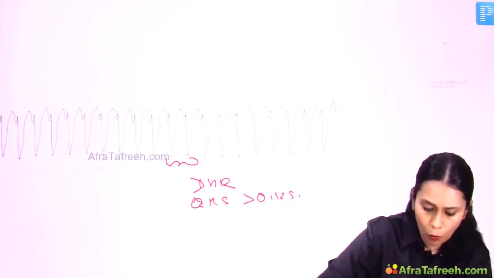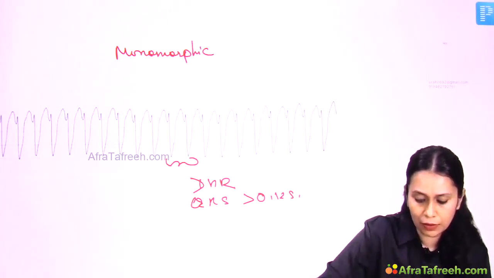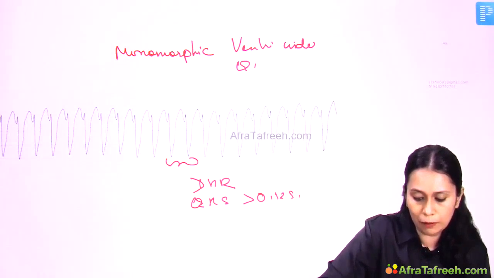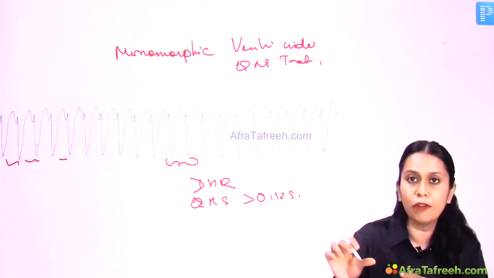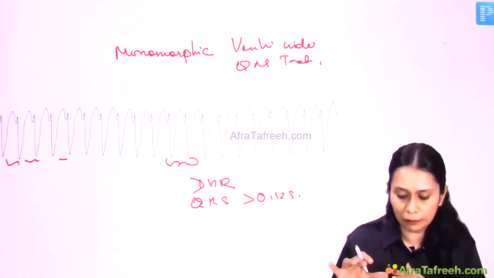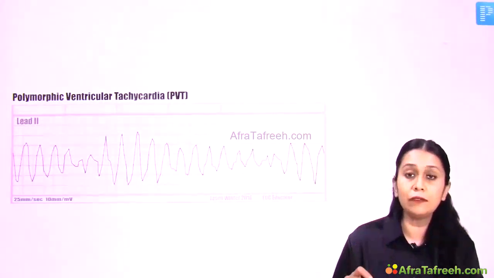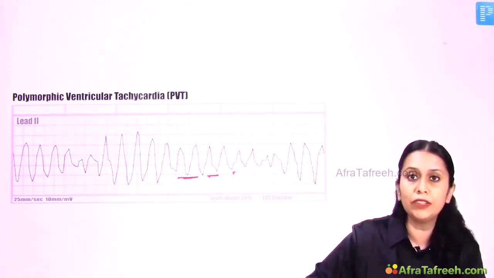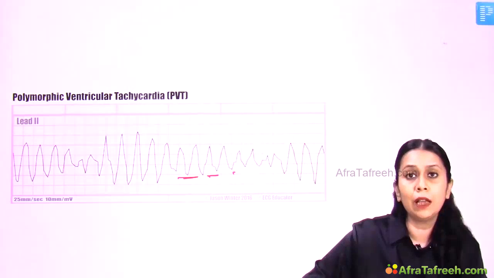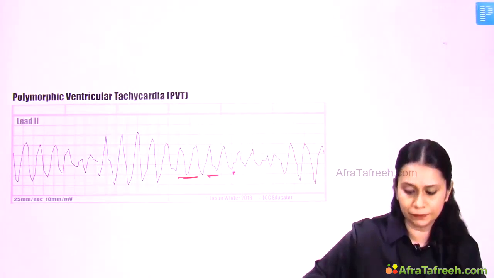We call it monomorphic ventricular tachyarrhythmia. It's monomorphic: all the QRS complexes are of the same morphology, but wide, and the heart rate is very high. Okay. Then we can also have polymorphic ventricular tachyarrhythmia. That is, all QRS complexes would not have the same morphology. The patient would have tachycardia, and the QRS complex would be wide.